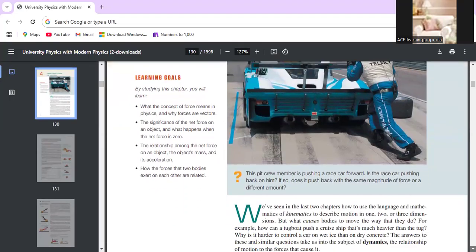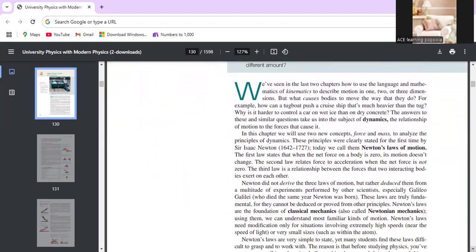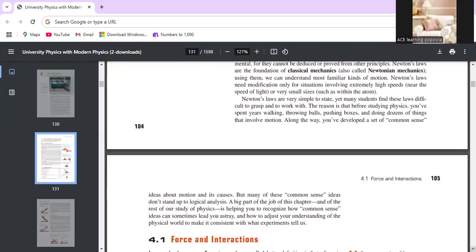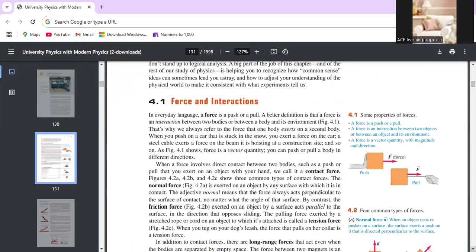Before we get to that, let's look at force and interactions. Since we're dealing with Newton's laws of motion, we'll be looking at forces called contact forces.